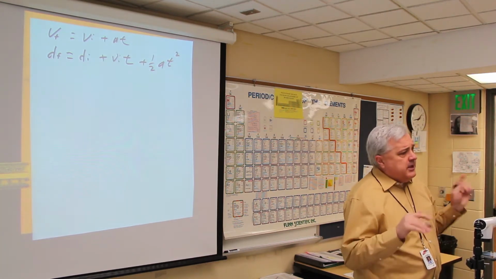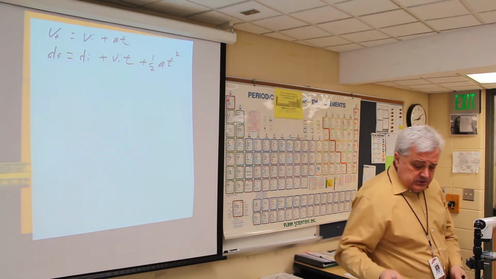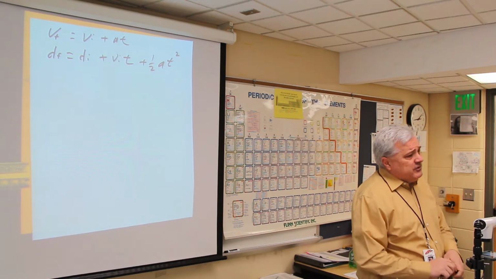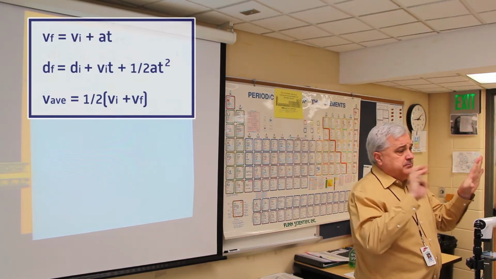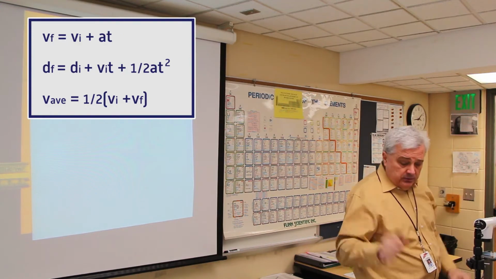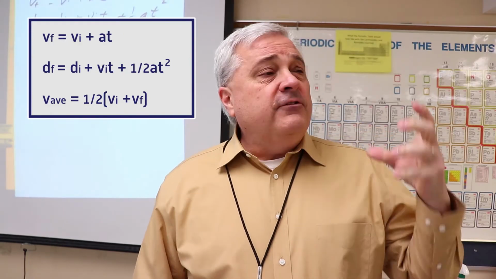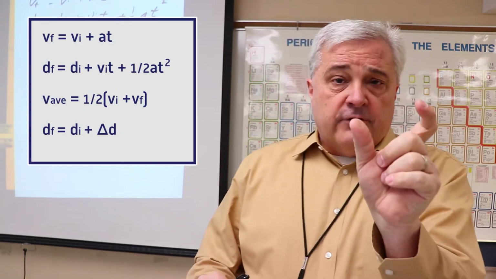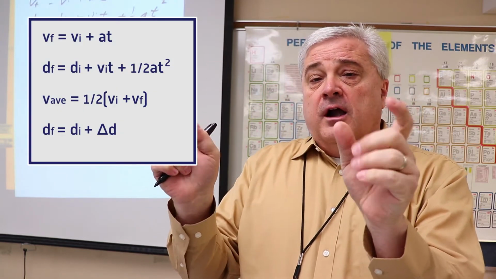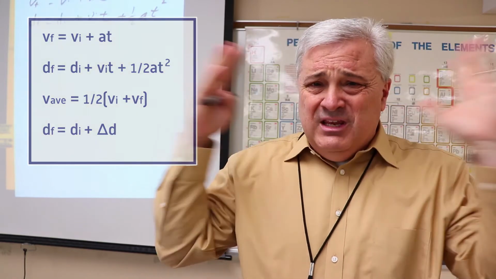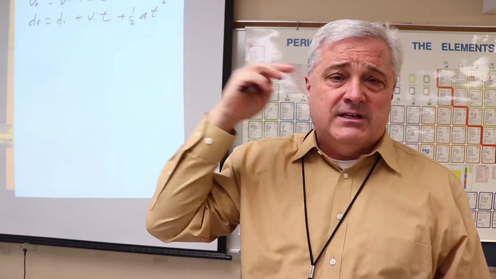The other 3 random occasional equations you're going to need: average velocity, which is the initial velocity plus the final velocity divided by 2. And if you were given that something is this far from the flagpole and it moves this far, how far is it from the flagpole? You don't really need to memorize that equation because it's just basic common sense.